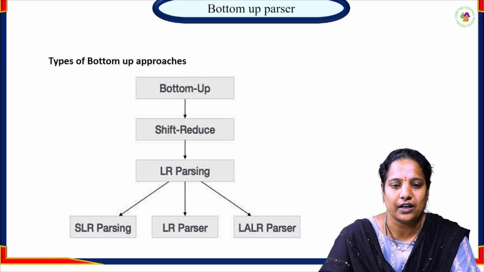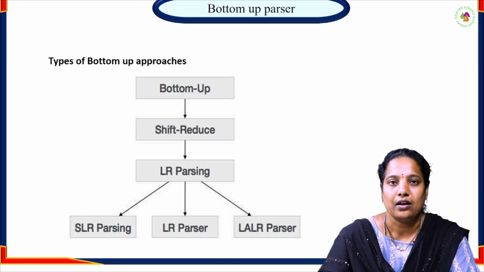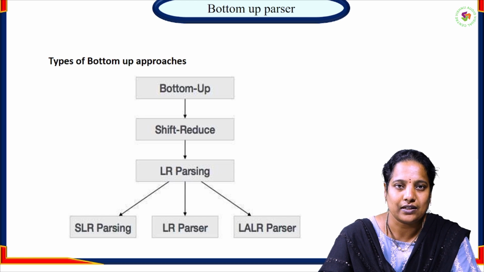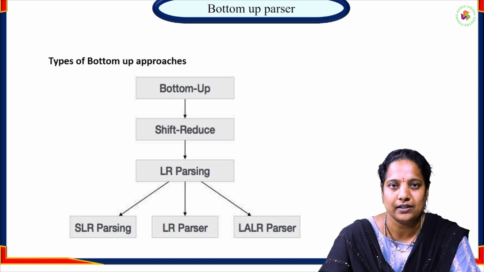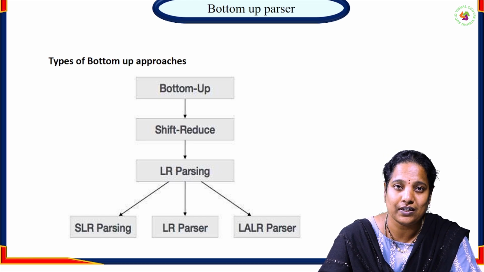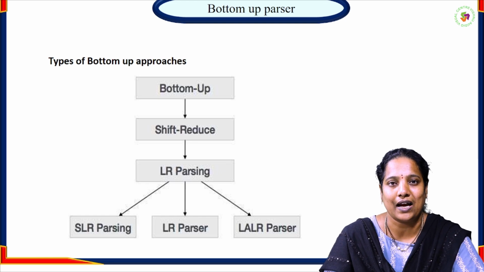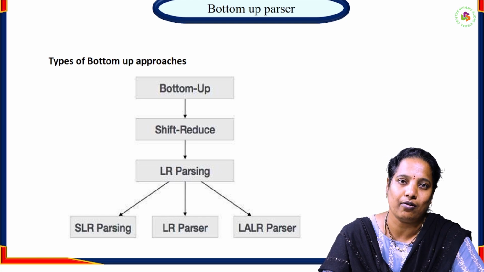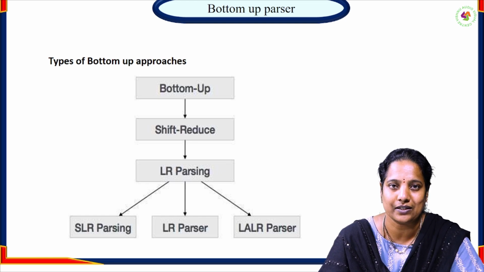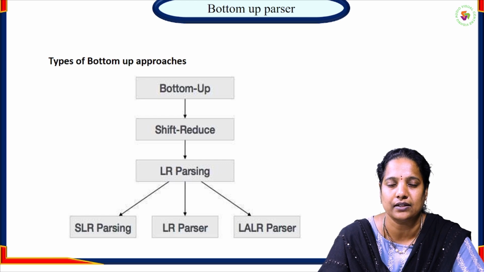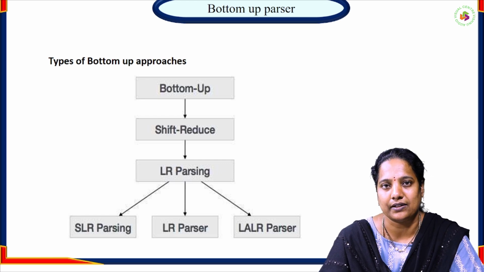After that, we are going to discuss LR parsing, and in LR parsing, we need to discuss simple LR, LALR and CLR. And we have one more category of parser called operator precedence. Totally, we need to discuss 5 different parsers under the bottom-up parser category.